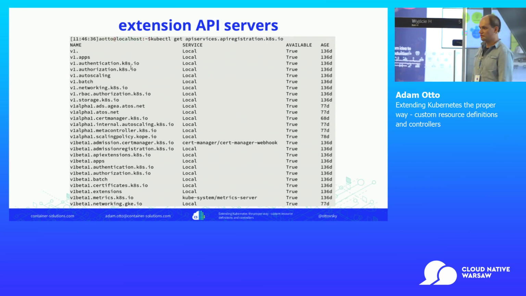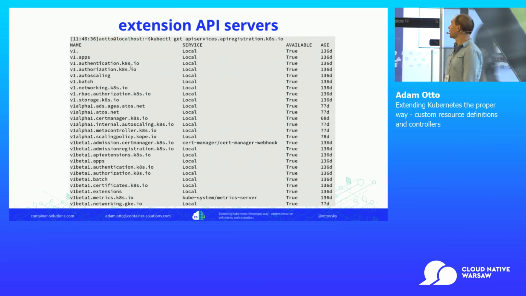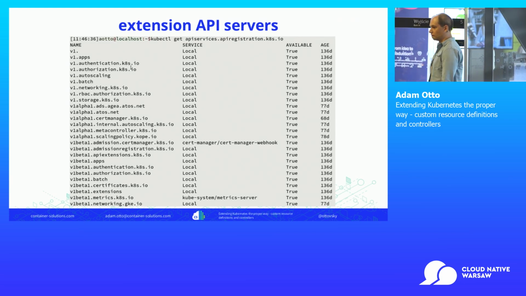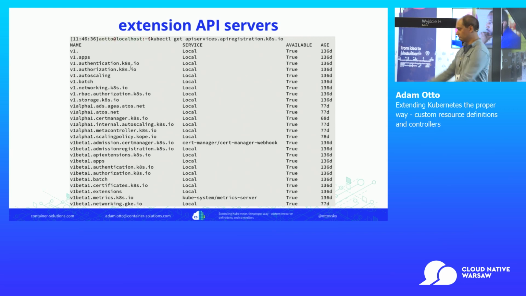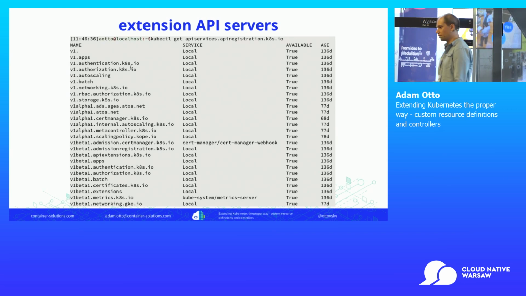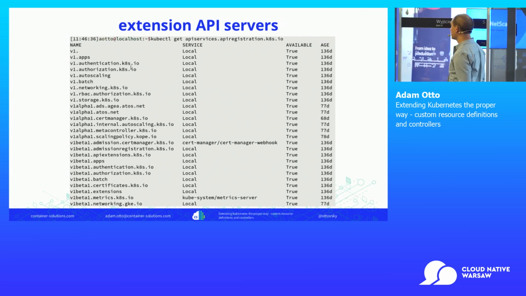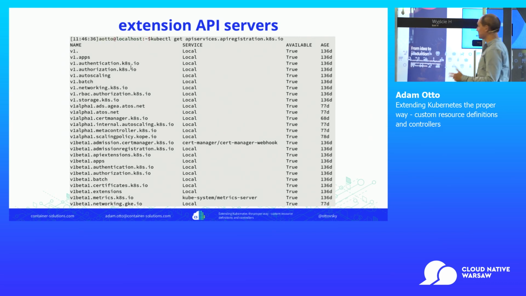Another important extension point in Kubernetes is API servers. So we can implement our own API. When a request enters the Kubernetes API server, it hits the aggregated API, which forwards those requests to our extension API.